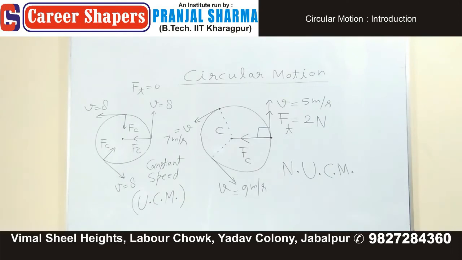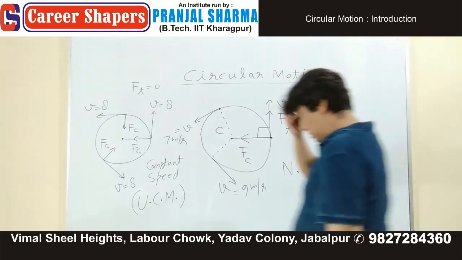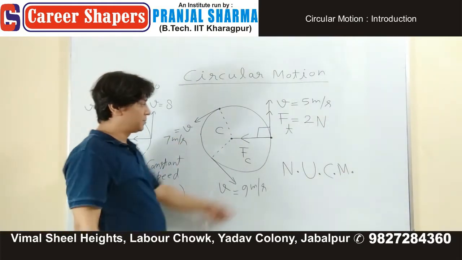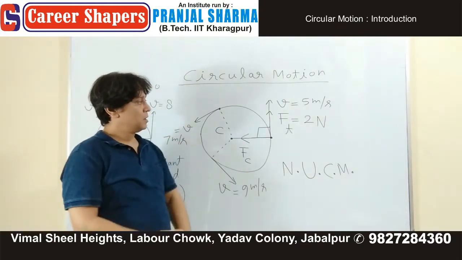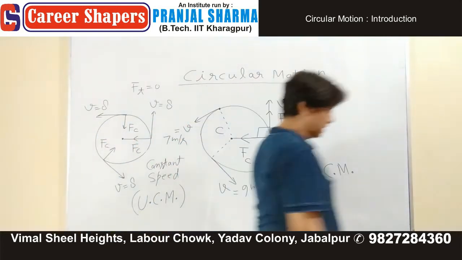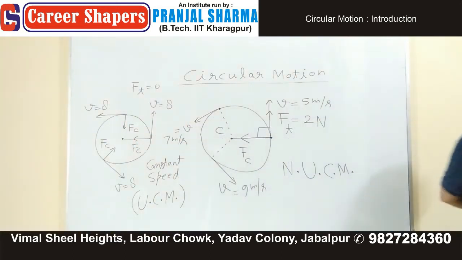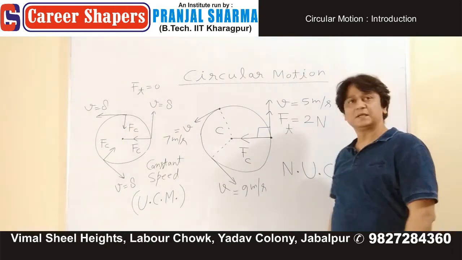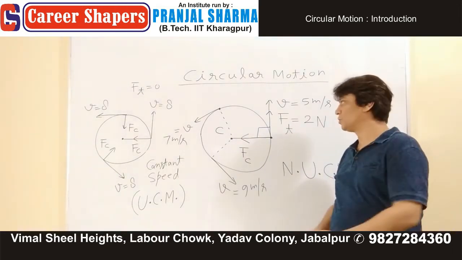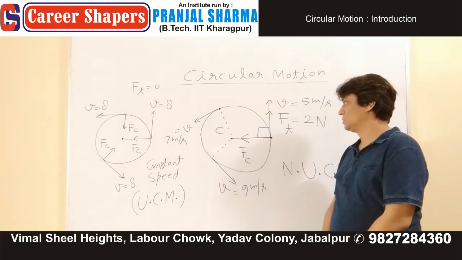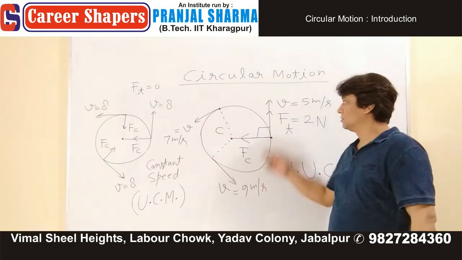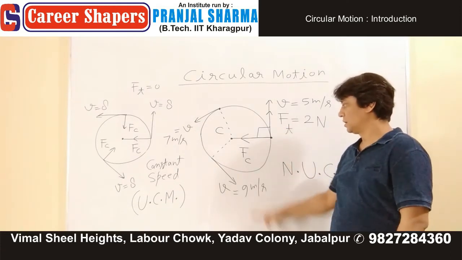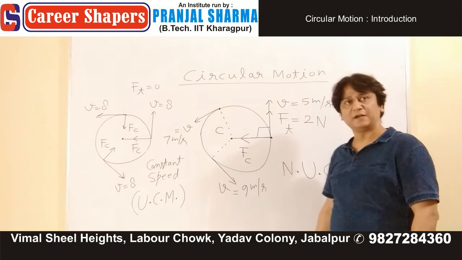So now write down the statement. When an object moves in a circular path, it is under two forces: tangential force and centripetal force.